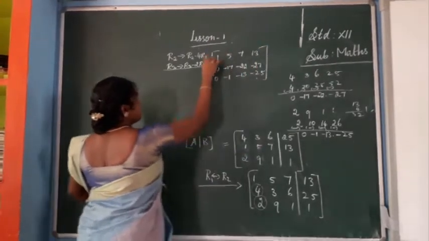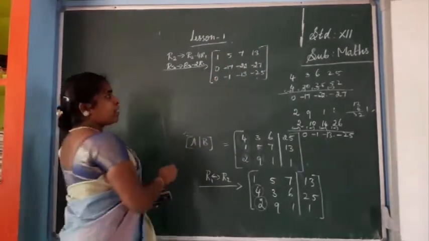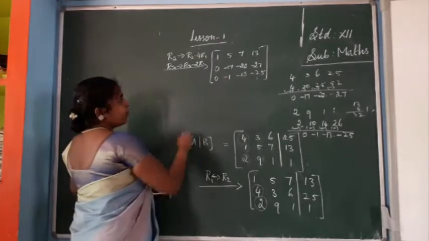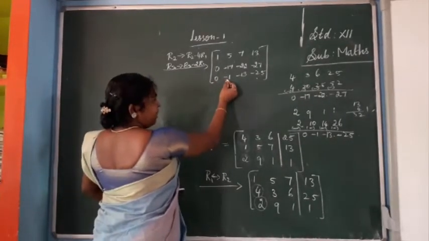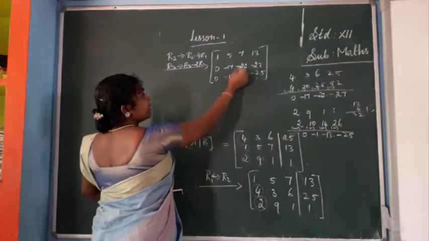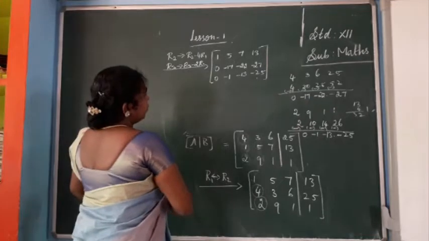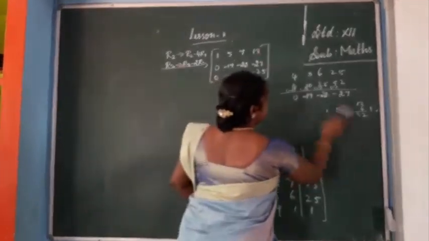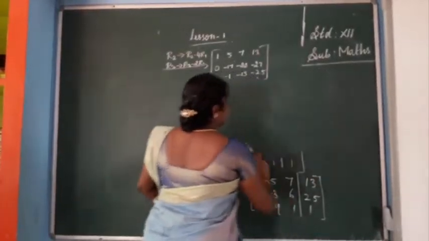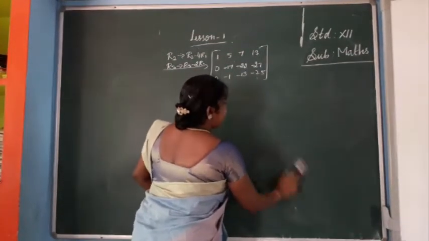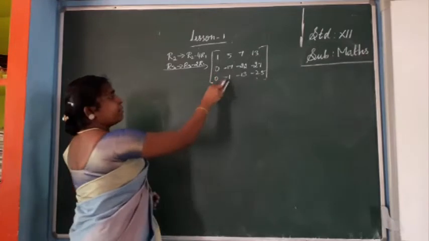Next, for echelon form, one more step we need. Instead of minus 1 we need 0, isn't it? So for eliminating minus 1 we should use the second row. You should not use the first row. So what can we do in R3? The R3 element is less than the R2 element, isn't it? So you multiply R3 by 17.